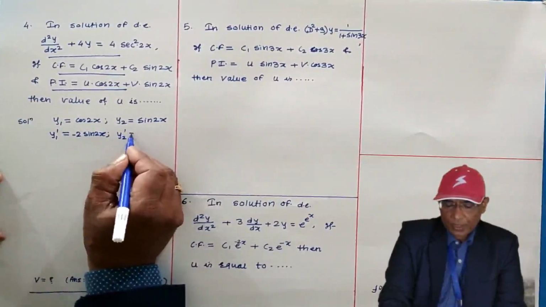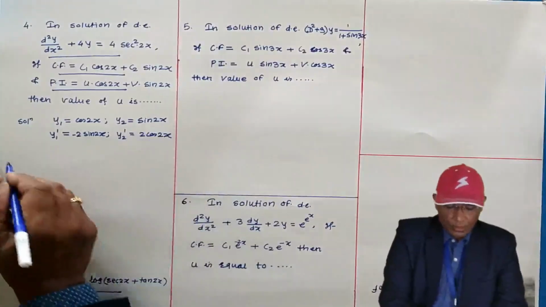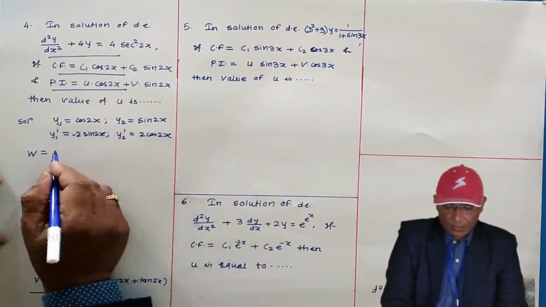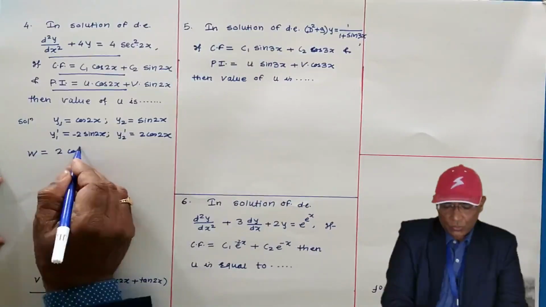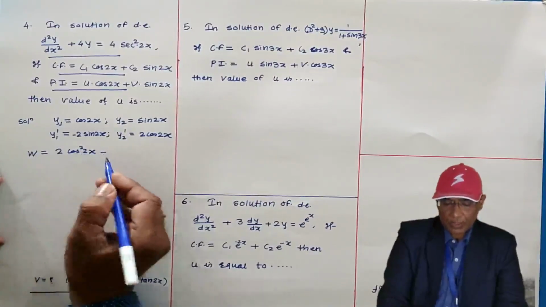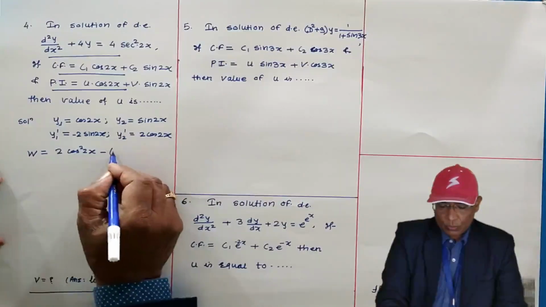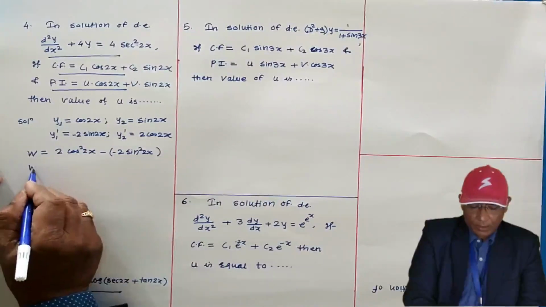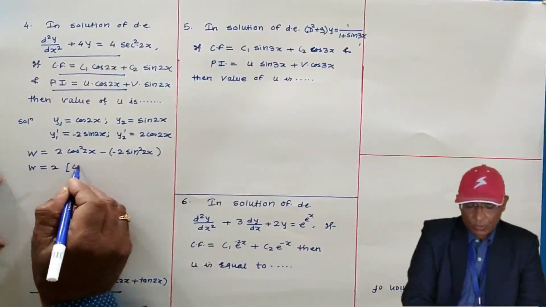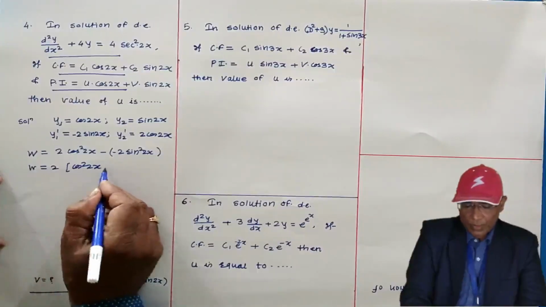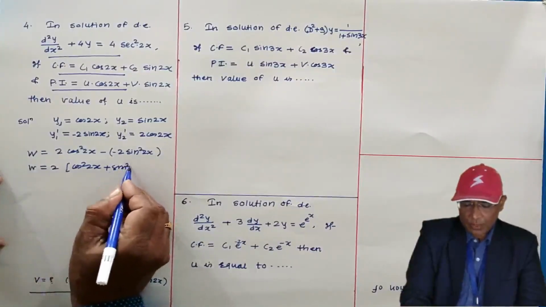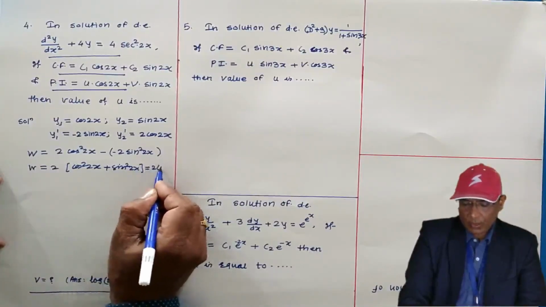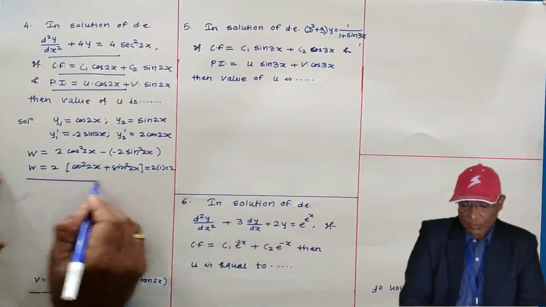Y2 dash is cos 2x into 2. w is equal to y1 into y2 dash minus y1 dash into y2, cross multiplication like that: 2 into cos square 2x, minus 2 sin square 2x, directly written. 2 is common, cos square 2x plus sin square 2x, minus minus becomes plus, and sin square plus cos square is 1, so 2 into 1 is equal to 2. This is the value of w.